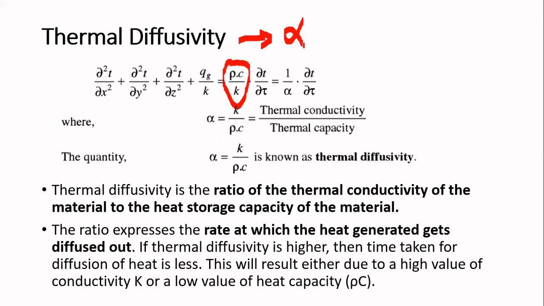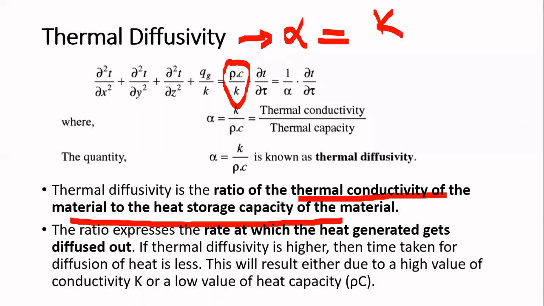This thermal diffusivity is denoted by alpha, and it is defined as ratio of thermal conductivity of a material to heat storage capacity. So it is ratio of thermal conductivity to heat storage capacity, and this heat storage capacity is given by rho multiplied by specific heat capacity of the material.